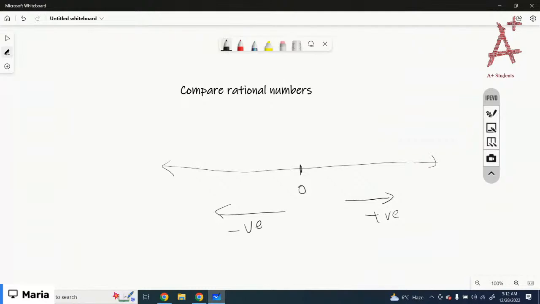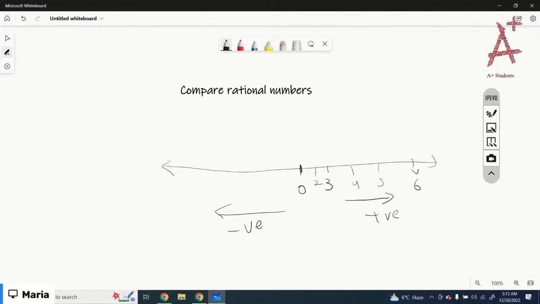Got it? And the numbers on the positive side are getting greater and greater with each next number. Like for the next one, you have 5. 5 is greater than 4. The next number is 6. 6 is greater than 5. The numbers on the right hand side are greater than the previous one.